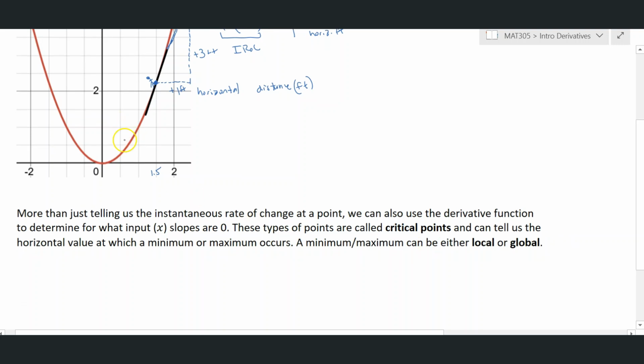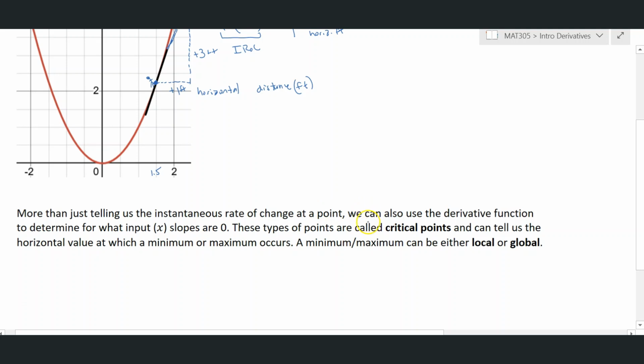Now, more than just telling us in the context of a problem what the slope is at a point, oftentimes, and especially in applications of computer science or gradient descent, different types of artificial intelligence and machine learning contexts, we're more interested in using the derivative to help us determine for what input values or x values the slopes are 0.